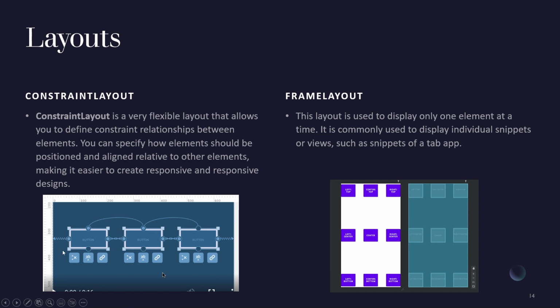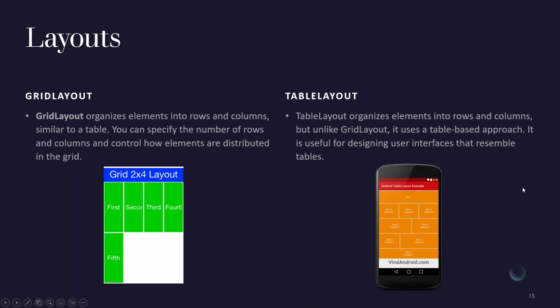It's different, you see this distance, but in frame layout I don't have this distance, only in the center and bottom. The right and the left button do not have distance from the limit of the app. Grid layout organizes elements into rows and columns, similar to a table.